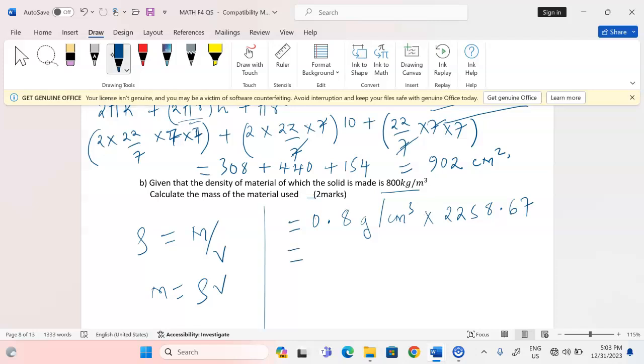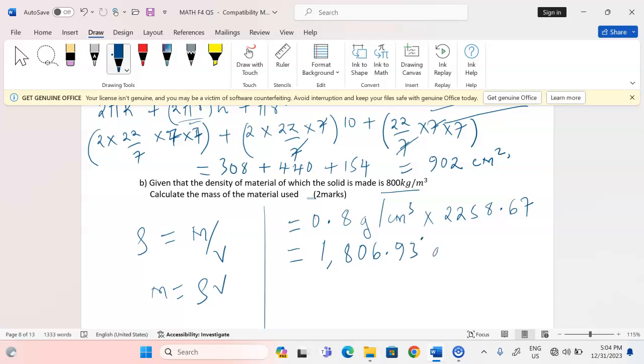So let us see what we're going to get. 0.8 multiplied by 2258 and 2/3, or 0.67, we're going to get 1,806.933 recurring.